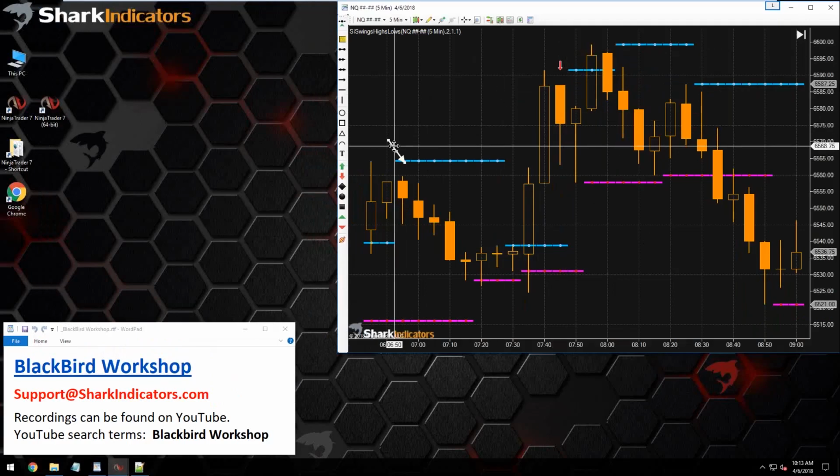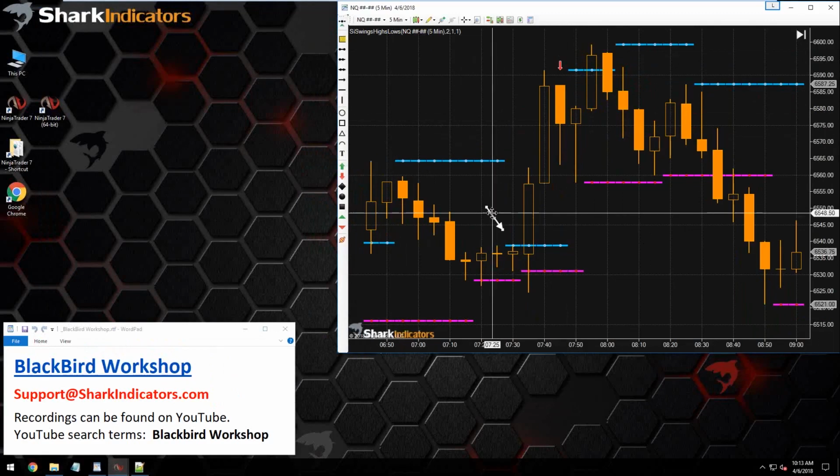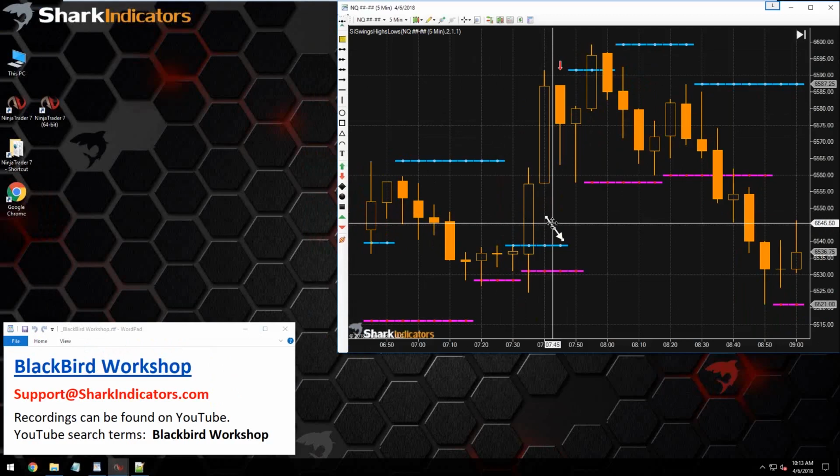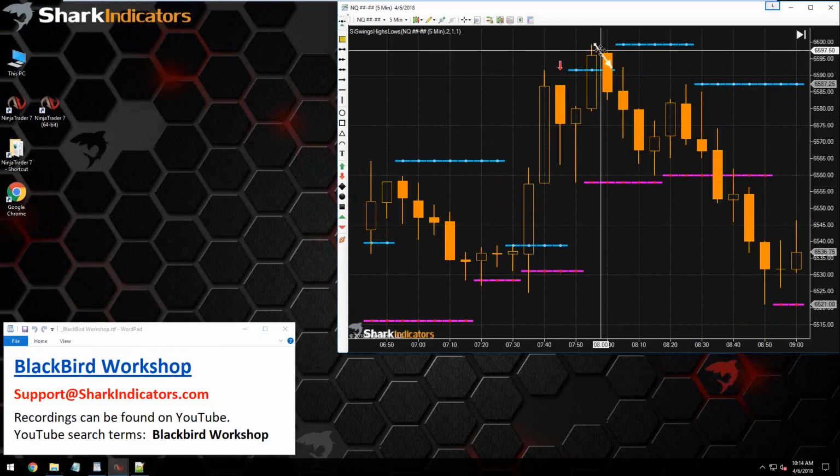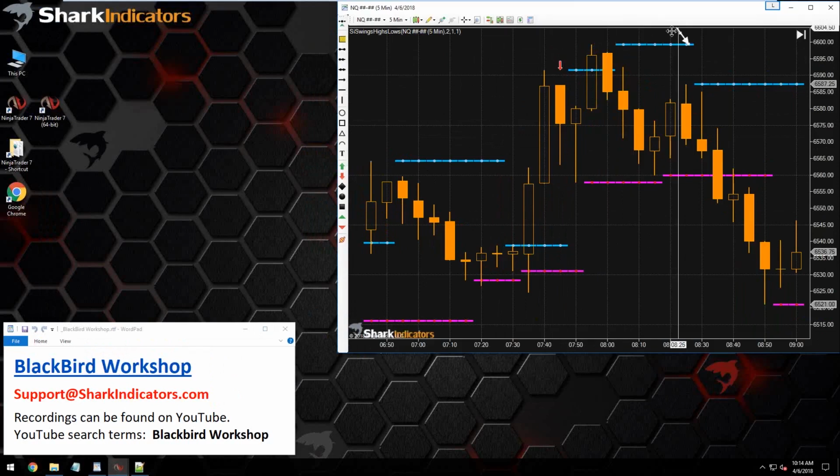You'll notice that there is a continuous swing high now. So if you're taking a short, there's always a swing high available. That'll solve some of the problems, but not all of them.